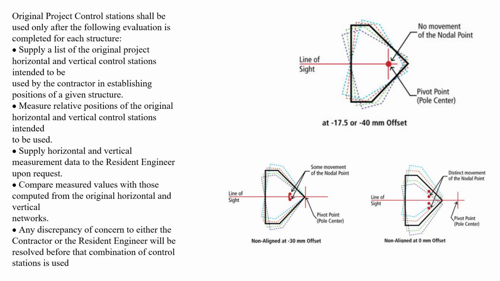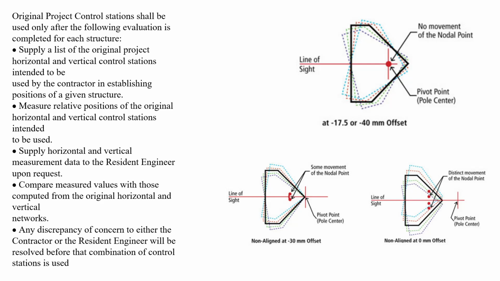Supply horizontal and vertical measurement data to the resident engineer upon request, and compare measured values with those computed from the original horizontal and vertical networks. Any discrepancy of consent to either the contractor or the resident engineer will be resolved before the combination of control station is used.